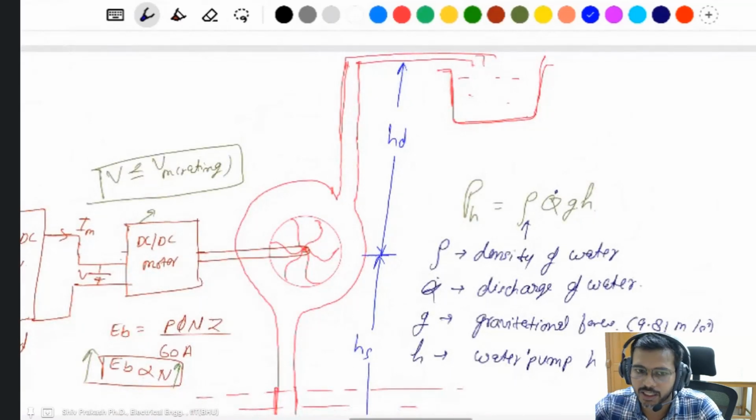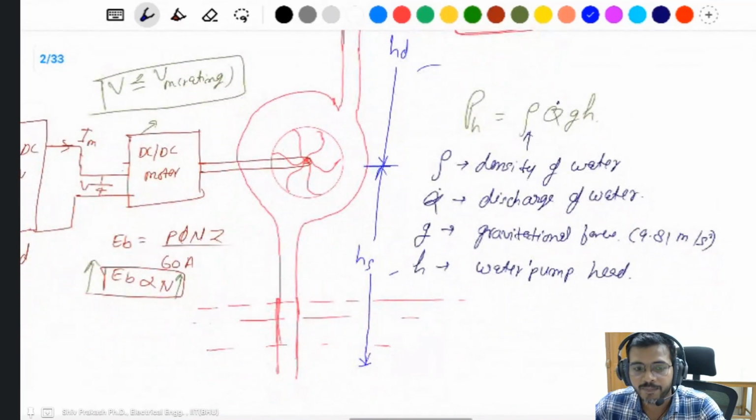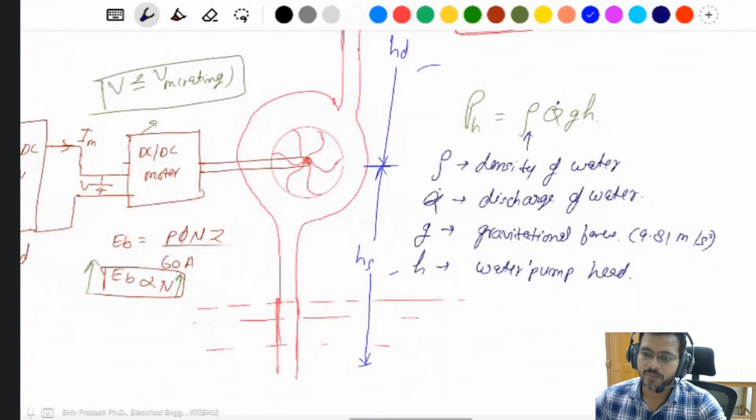This length is the discharge length, and this is the suction length, where you collect or take the water from a resource, like a submersible pump. But in a submersible pump, the water suction is directly connected to the motor only, and the whole remaining part is the discharge head only.